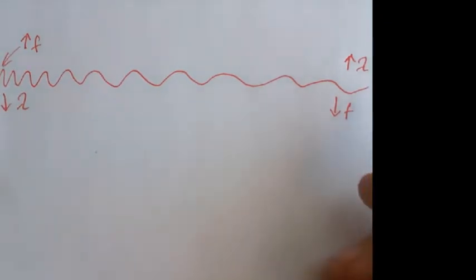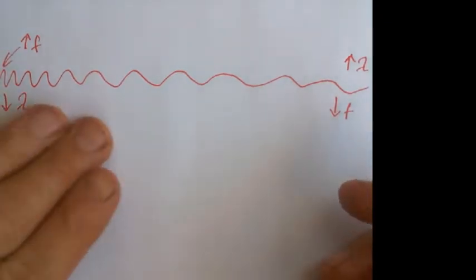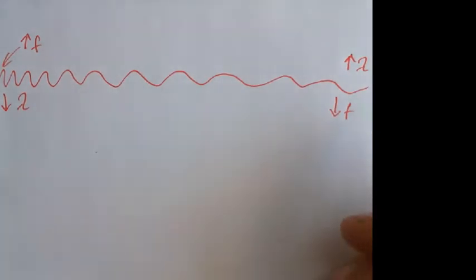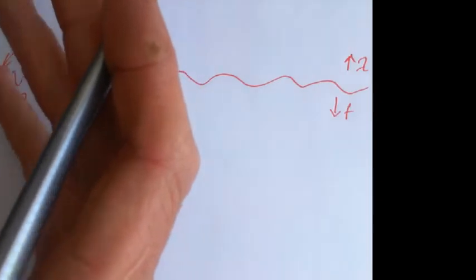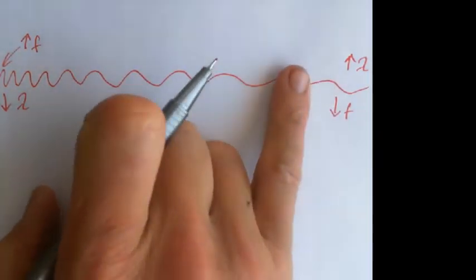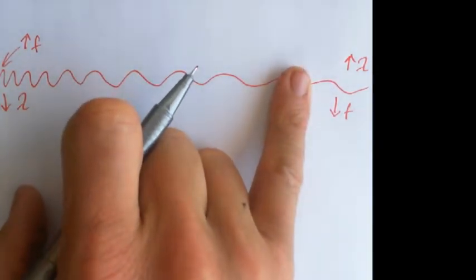And on this side the waves are very high frequency, very low wavelength, and these ones are very high wavelength, very low frequency.